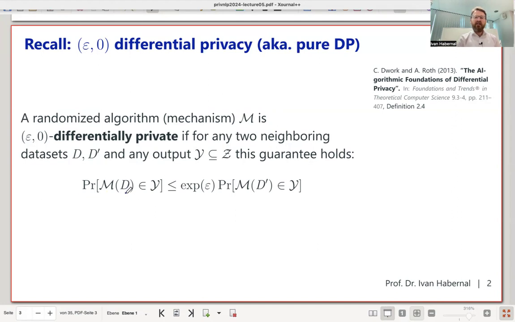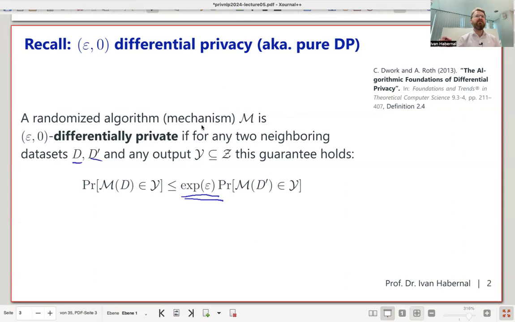And we say that D and D prime are neighboring data sets, so they differ in one person, right? One removed, one edit. And the probability distributions over these two different data sets differ by this factor, e to epsilon.